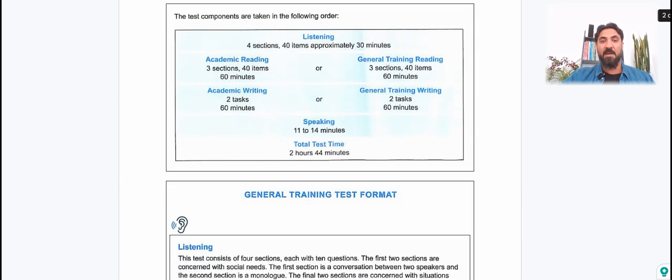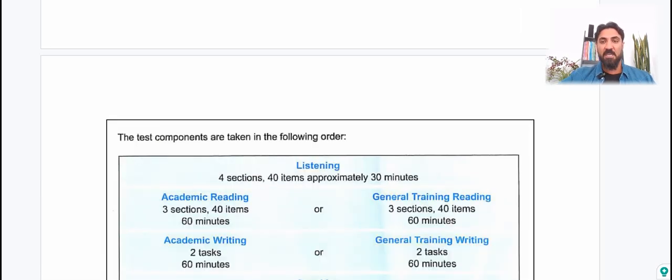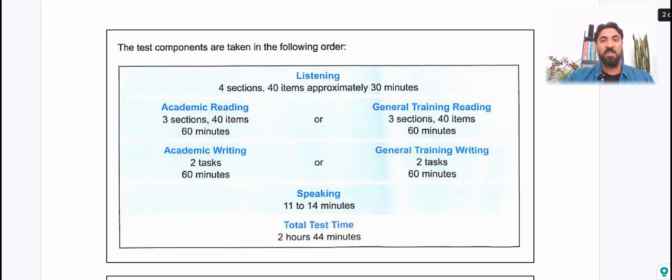Now, generally talking about what you will get in the IELTS testing system, as you can see here, the IELTS is done through 4 skills. So you will be tested on your listening, which is the first section of the exam. You will be tested on your reading, which is the second section of the exam.